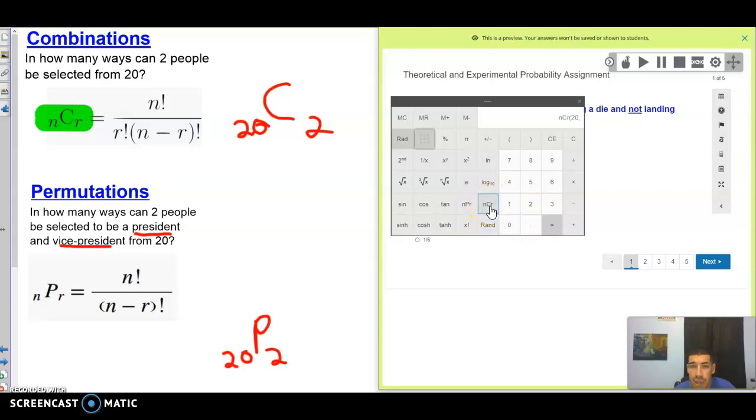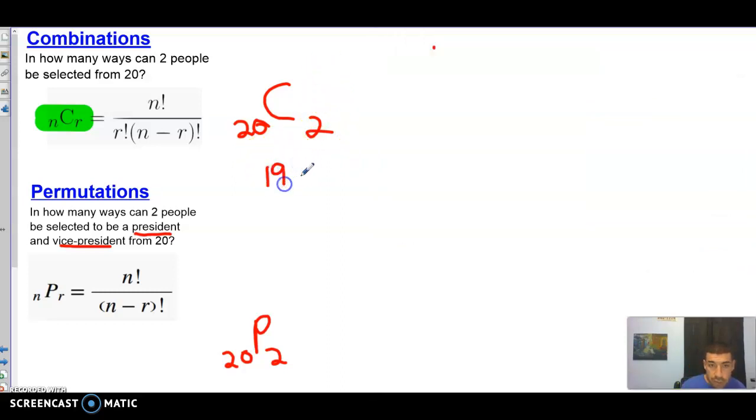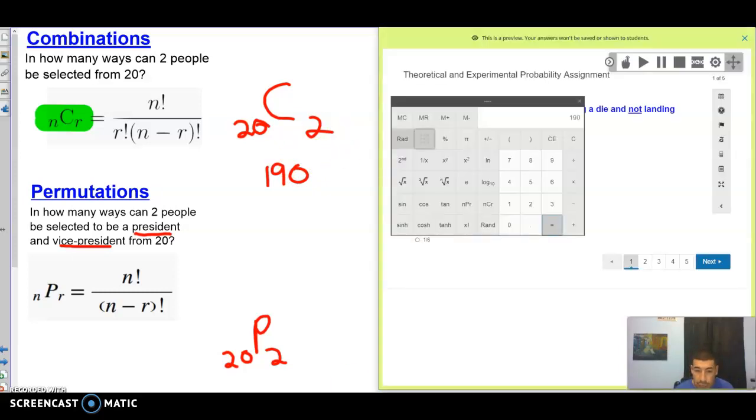You press it, and then 2. Make sure that you close the parenthesis, class, equals 190. So the answer for this is 190.